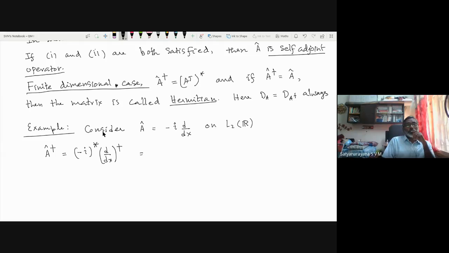It is equal to i times minus d by dx, which is equal to minus i times d by dx. Okay. So that means A is self-adjoint.